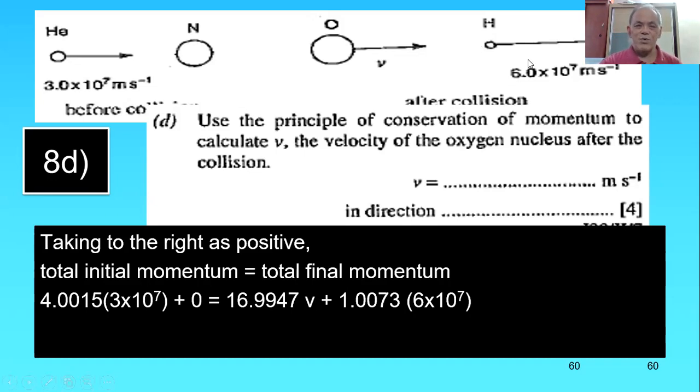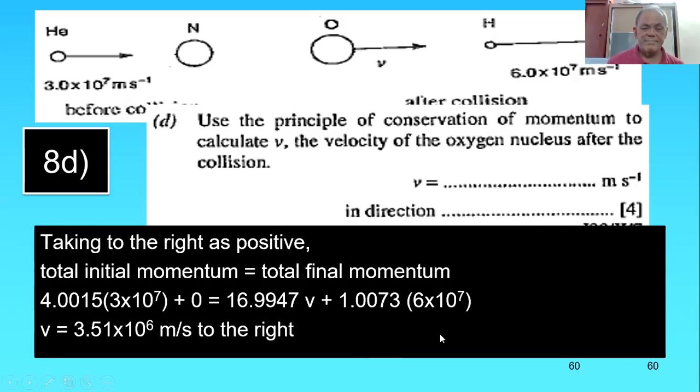The speed will follow the unit that we use. So that's the mass of helium and the speed of helium. Nitrogen has no speed. And momentum of oxygen, you are given the mass and v. Hydrogen, proton, mass is given and the speed. Then we get positive, so it must be to the right.